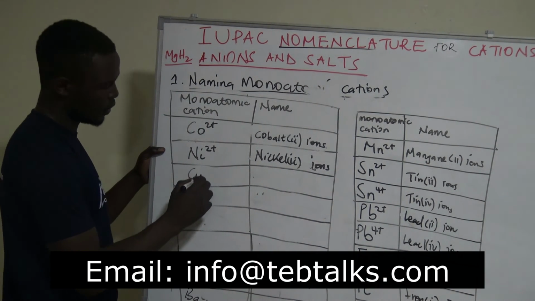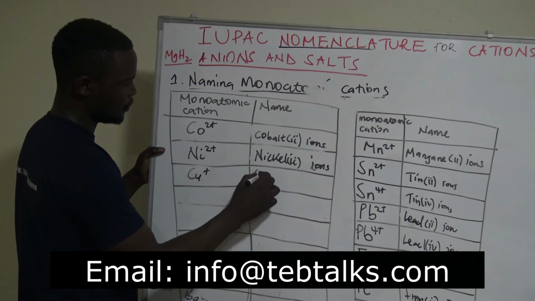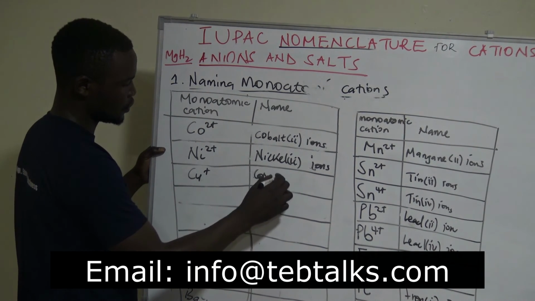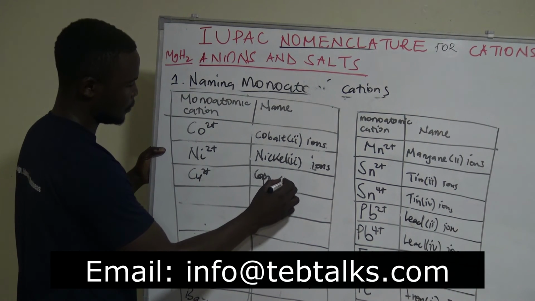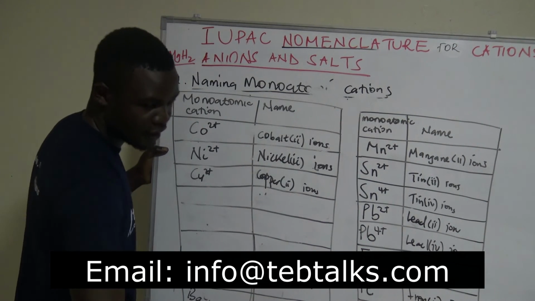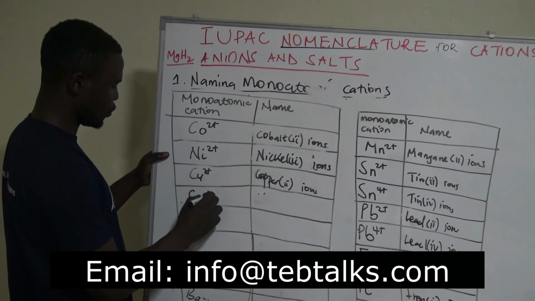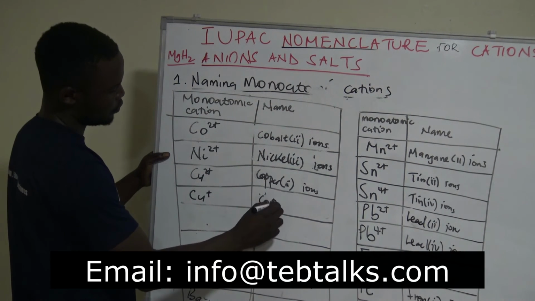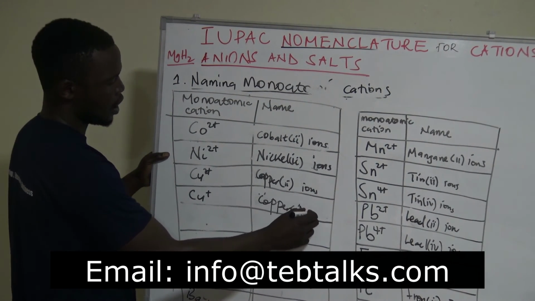Then we look at copper. Copper also exhibits various oxidation states, like this one could be copper(I) if it was 1. If I added 2, then it becomes copper(II) ions. Let me conclude with maybe copper(I) ions.